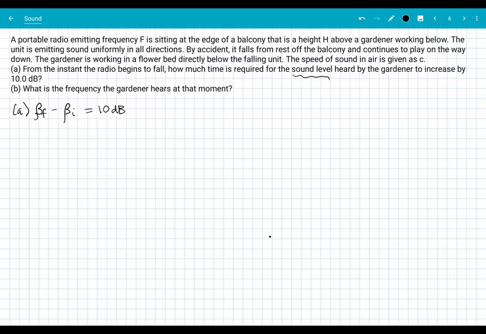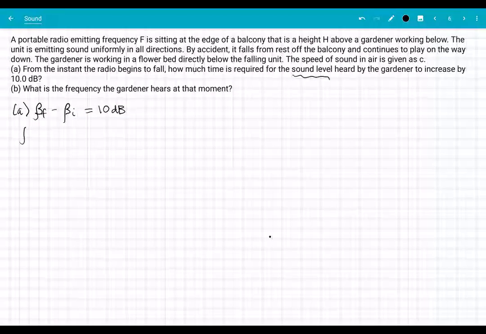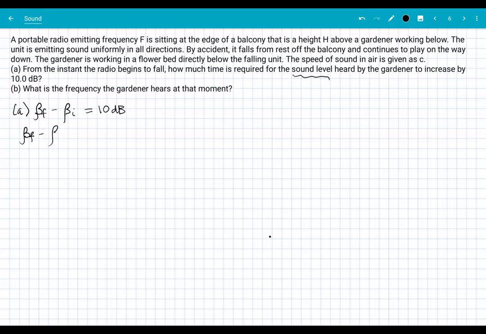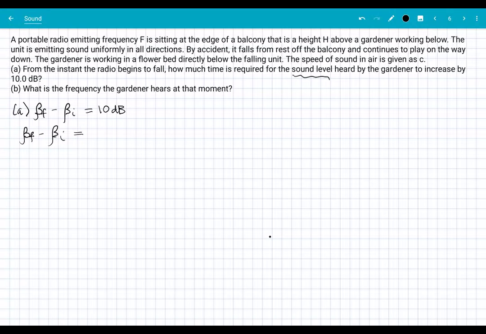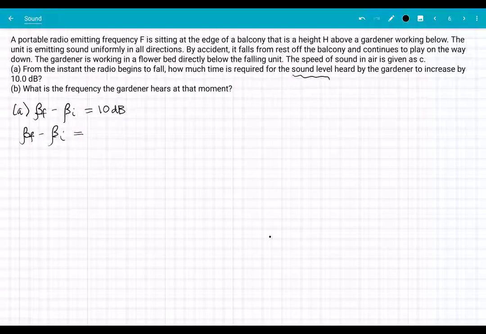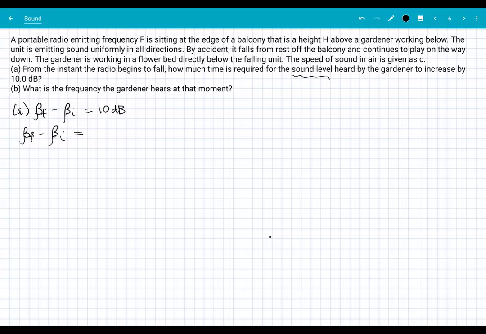So I'm going to go ahead and write out this difference in sound level now, but I'm going to write it out in terms of intensity, because as soon as we get into intensity, I can start thinking about it in terms of radius and all that stuff. It's kind of easier to handle mathematically. So 10 log I final over I initial.